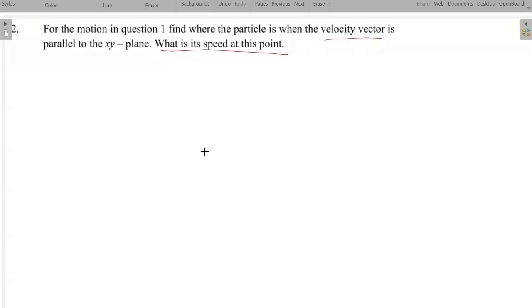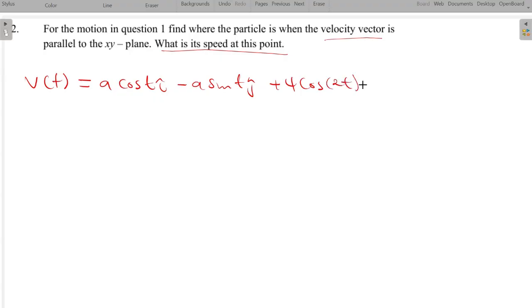So let me write our velocity vector again. Our velocity vector for part A was A cos t i, then A sine t j, then plus 4 cos 2t for the k component.